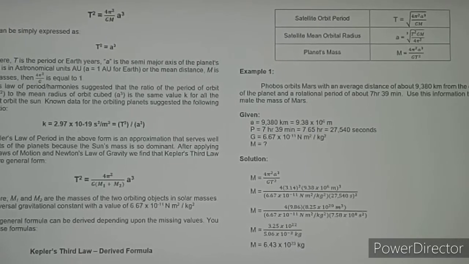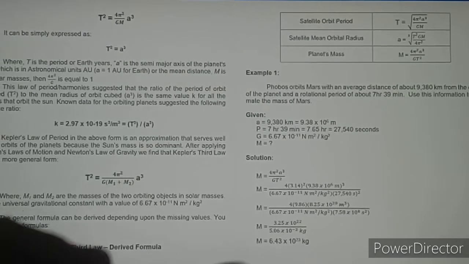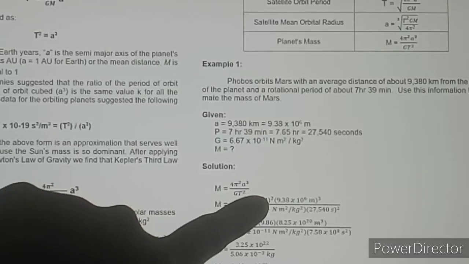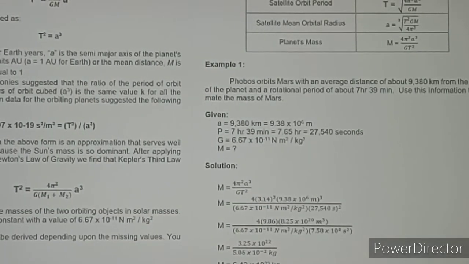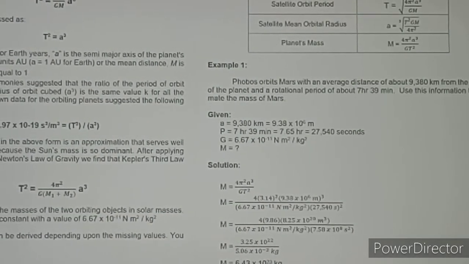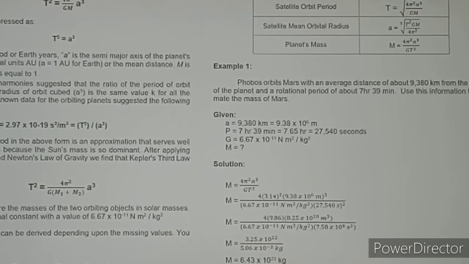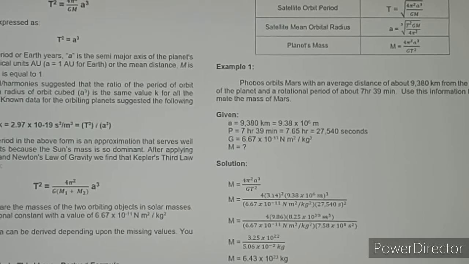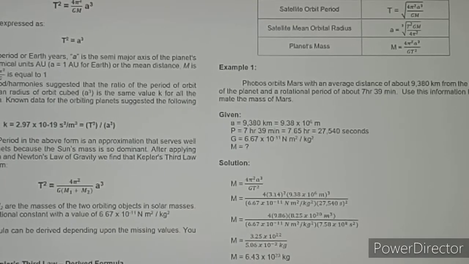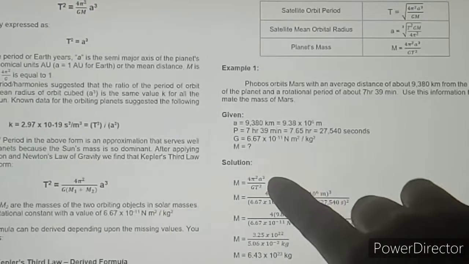So, 3.14 squared. Don't forget to include the square here. And times yung given orbital distance natin, we have 9.38 times 10 raised to 6 meters. And then, i-cube natin siya.